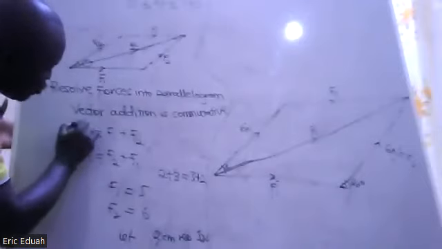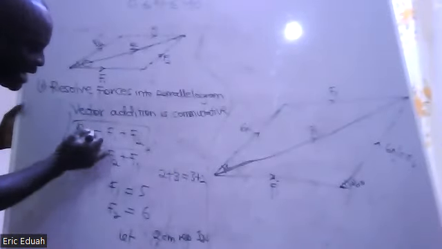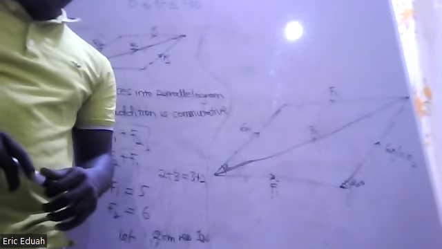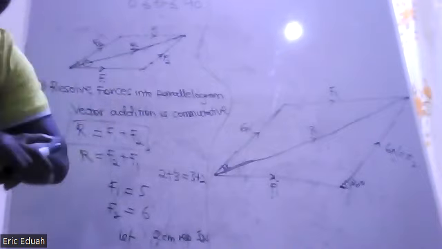So that's what we mean by now over here, because it's not a scale drawing, I cannot easily conclude that the resultant will be F1 plus F2. If it's not a scale drawing, then you have to use a formula.